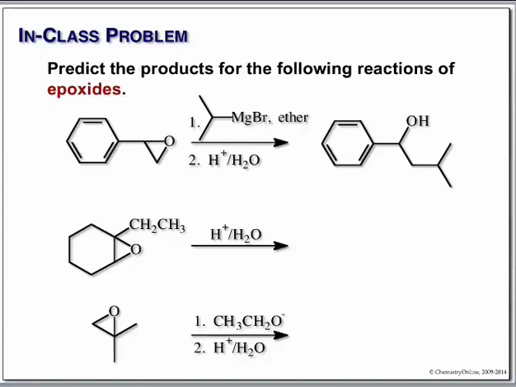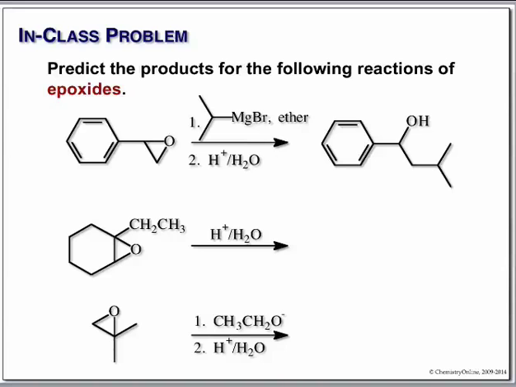We can do the same thing just with simple acid hydrolysis. Here we're going to protonate the ether, which makes it even more reactive. Our nucleophile is going to be water. When we do this, because it's an SN2 reaction, our attack is going to be from the backside.